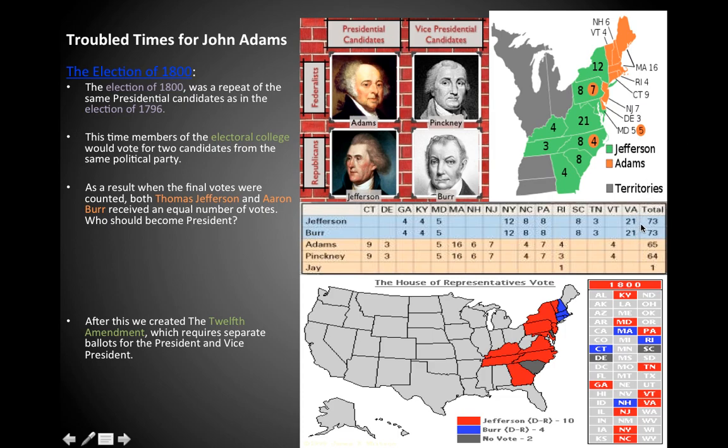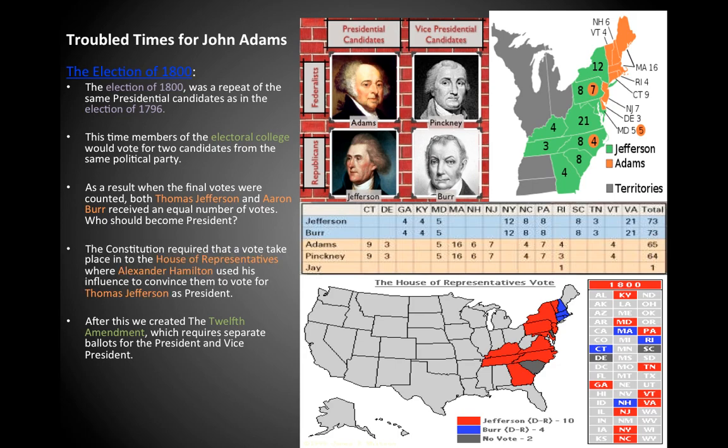If you look here at how the states voted and where the electoral votes went, both Jefferson and Burr got the same number of votes. Now, according to the Constitution, one's supposed to be president, one's supposed to be vice president. But since it was a tie, it went to the House of Representatives to decide who became president.